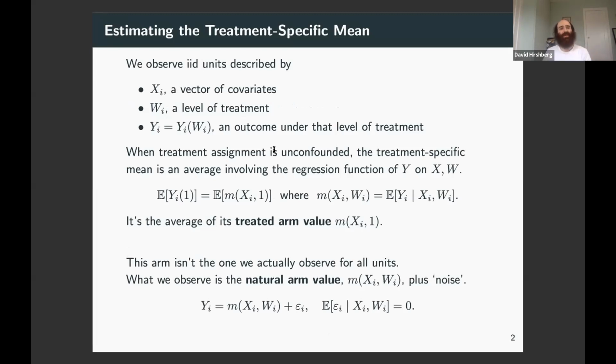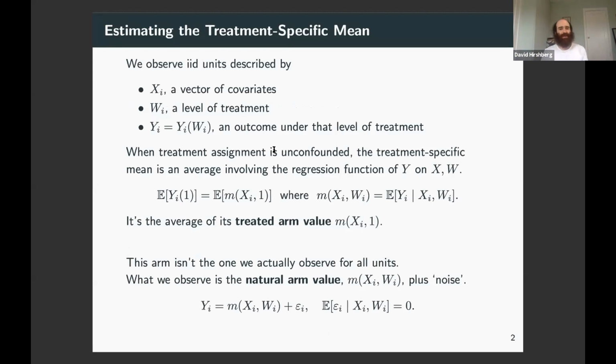We're going to start with an example that I hope is familiar to many of you, estimating the treatment-specific mean. We observe IID units described by covariates, which we'll call X, a level of treatment, which we'll call W, and an outcome, which is the outcome under that level of treatment.